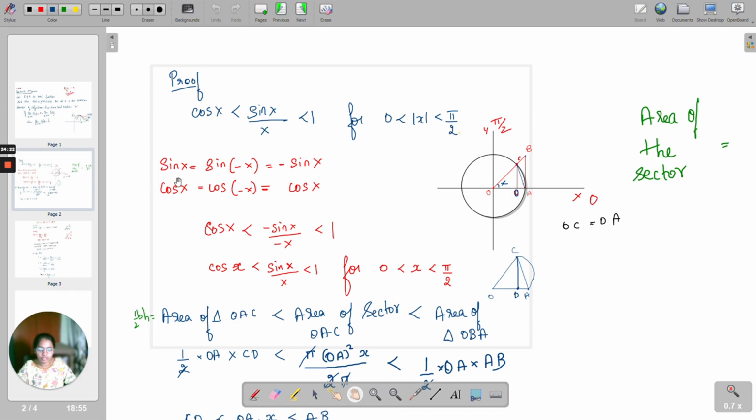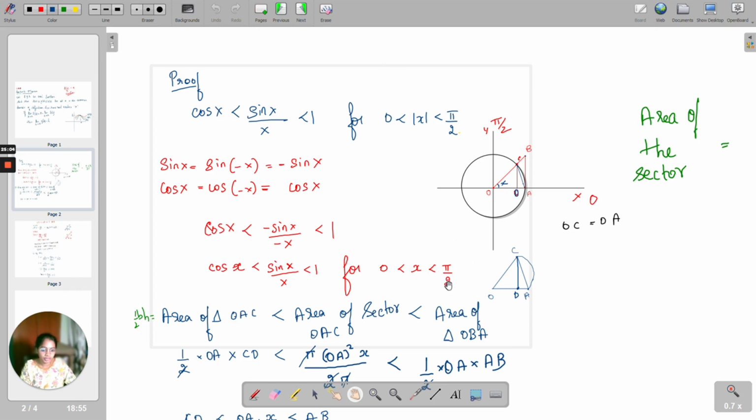If I replace x with minus x in sin x and cos x, sine of minus x is minus sin x because it is an odd function. Cos of minus x is an even function, so we would get cos x itself. So over here, if I replace x with minus x, I would get cos x less than the same thing, sin x divided by x less than 1. Since we are getting the same thing after replacing x with minus x, I can remove the mod.